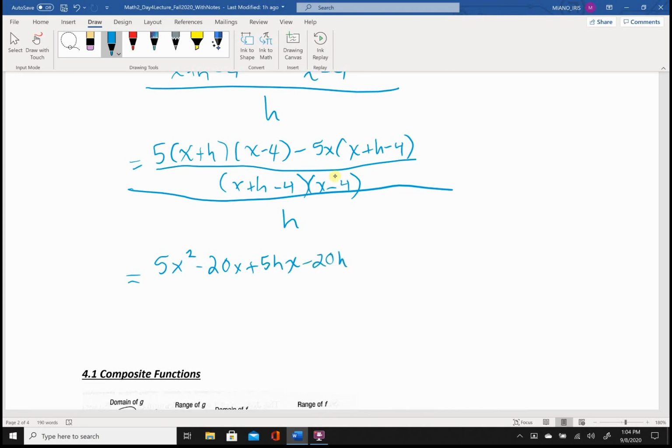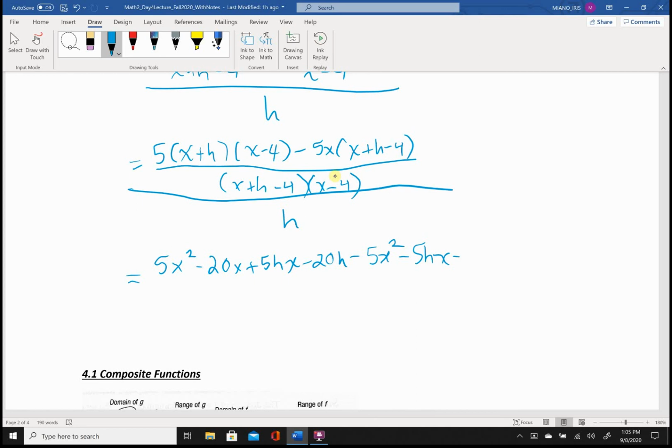None of those are alike terms, so let's go ahead and distribute through this subtracted off 5x over this trinomial, so to speak. We have minus 5x squared. See how that's already going to cancel with something up here? Yeah, a lot of stuff's going to cancel. Minus 5hx minus 20x.